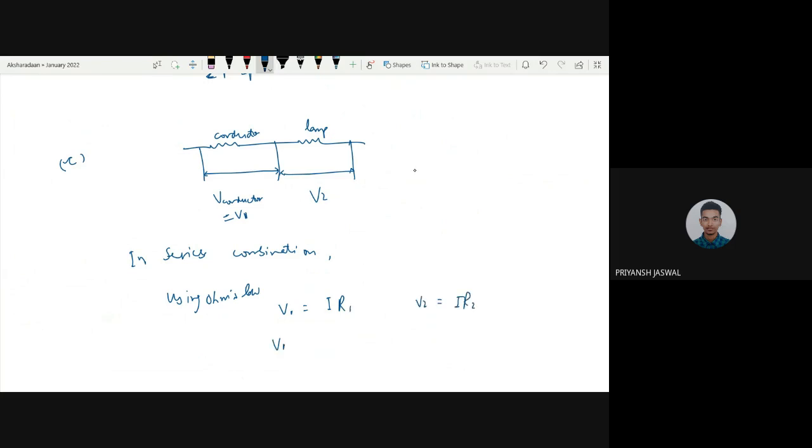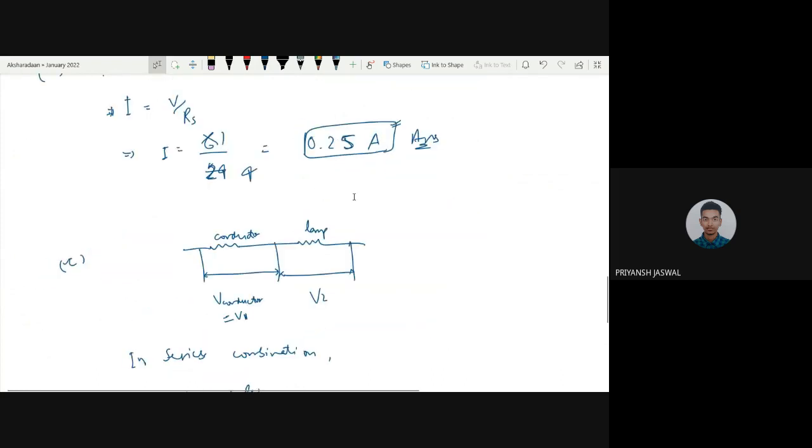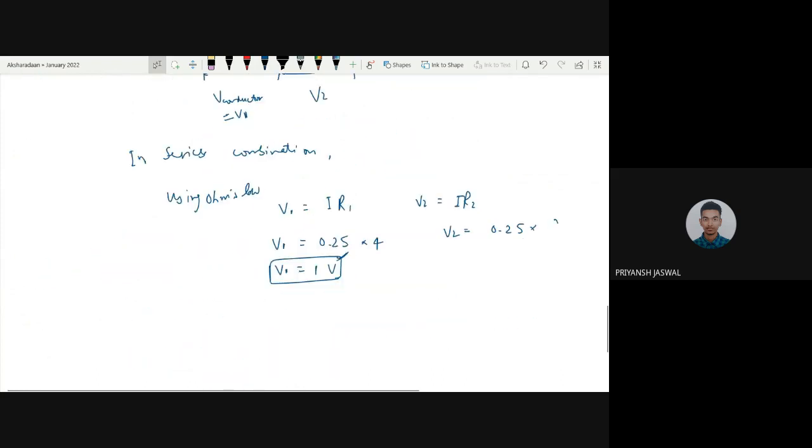So the I we calculated is 0.25 ampere and conductor resistance is 4, so it becomes 1 volt potential drop across the conductor, and V2 will be similarly 0.25 into the resistance, which is 20 ohm, so this becomes 5 volt.